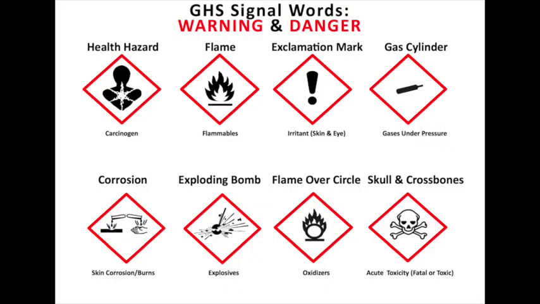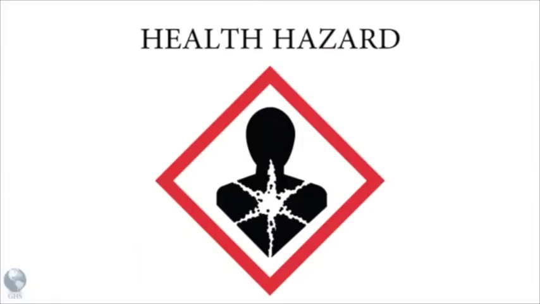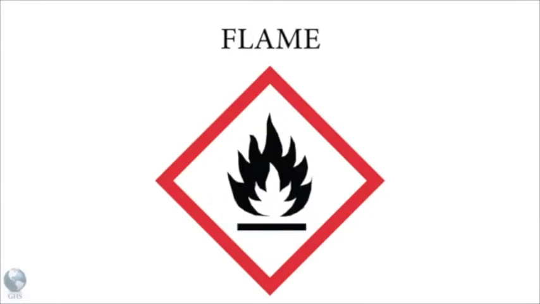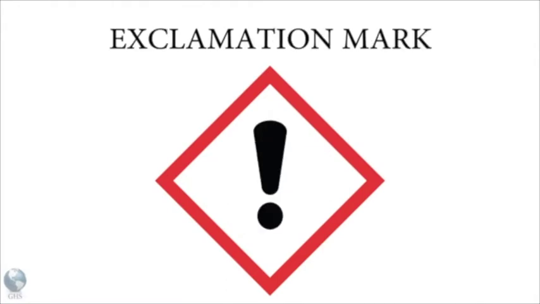Alright, here again is another look at the signal words of warning and danger and the pictograms that go along with them. The health hazard pictogram indicates that the chemical may be a possible carcinogen or pose a danger to our bodies. The flame is indicating that the chemical is possibly flammable and that caution should be taken when using the chemical around open flames.